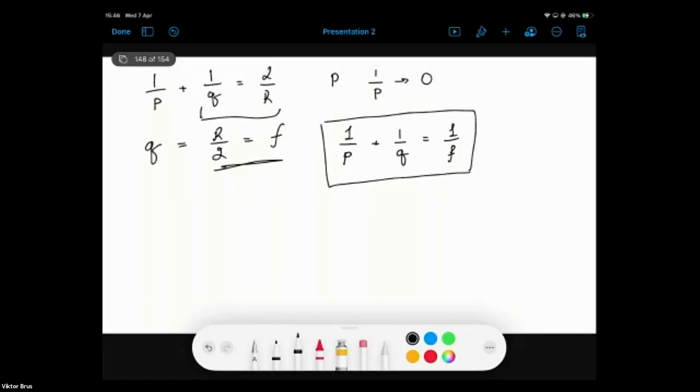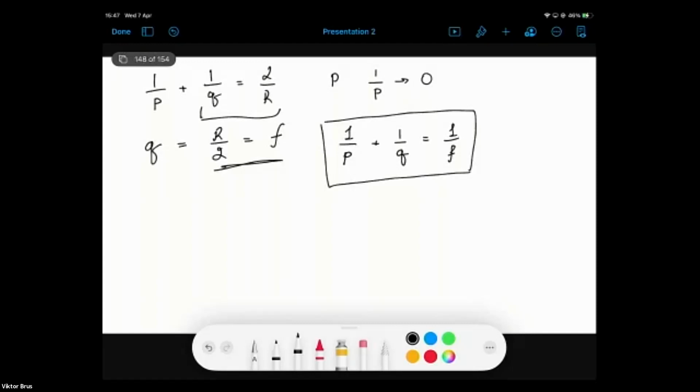Magnification also is taken positive if the image is upright, and negative if it's inverted, so it actually reflects the sign of the image height. With these rules, you should be very careful, because if you substitute a wrong sign in the mirror equation, then obviously you will get an incorrect answer.